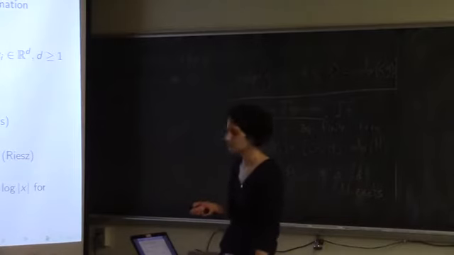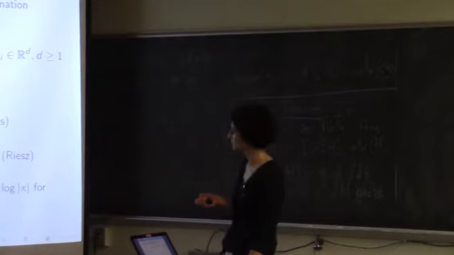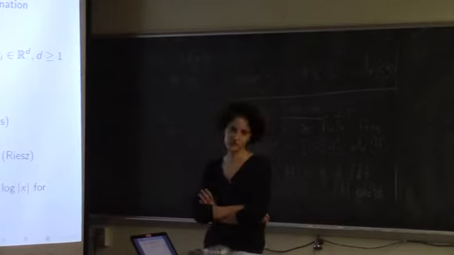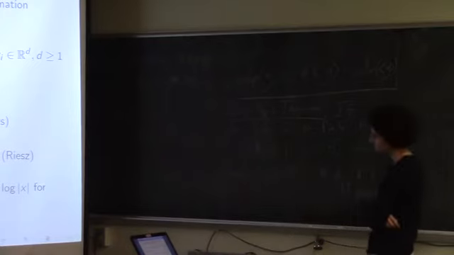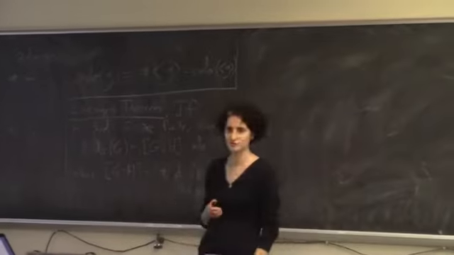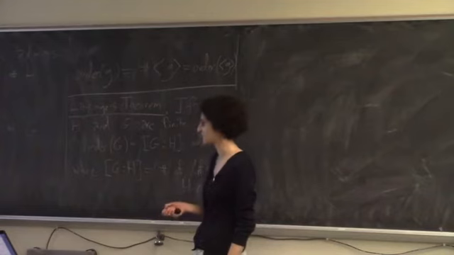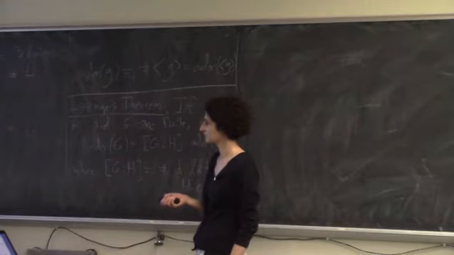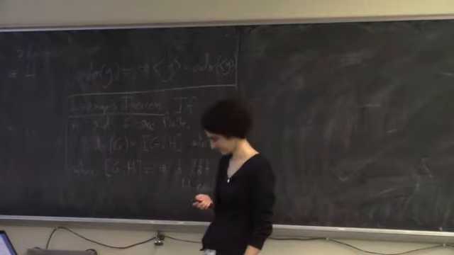And we will also be interested in situations where you have inverse powers of the distance, where s is between essentially d minus 2 and d. I will call that the Riesz case. And this, as you can see, includes the Coulomb interactions in all dimensions greater than 2. So in dimension 2 it is minus log, and in dimension bigger than or equal to 3 it is s equals d minus 2.